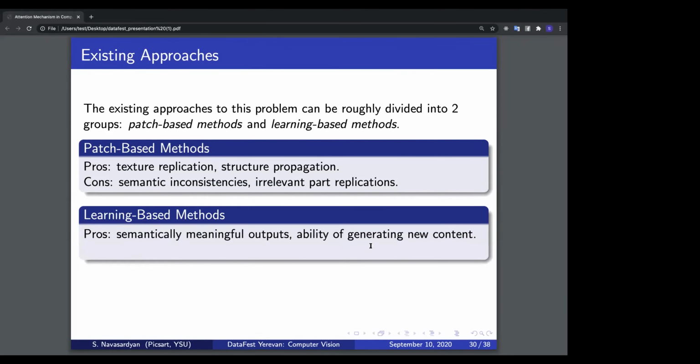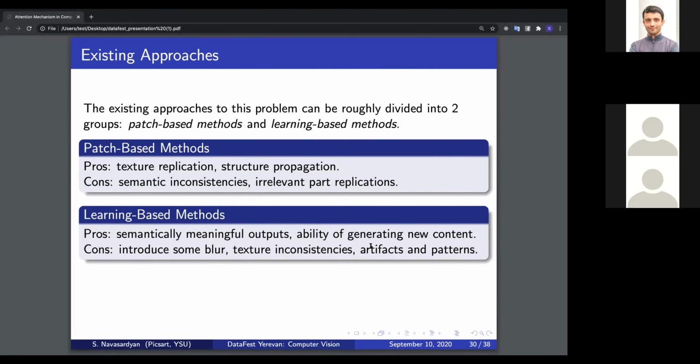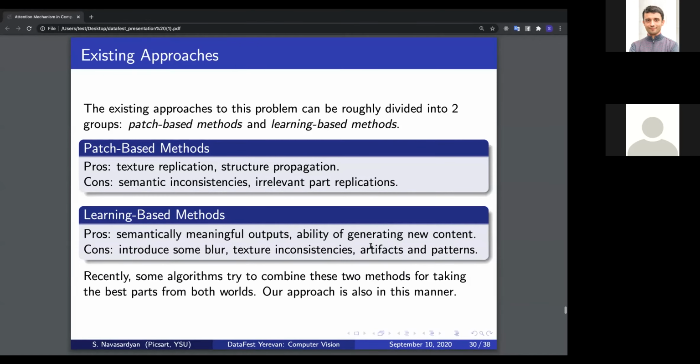Instead, in contrast with these, learning-based methods can produce semantically meaningful outputs, since they can generate new content which is not present in the image with the missing region. But learning-based methods are bad at texture completions, and they introduce some blur artifacts or patterns.